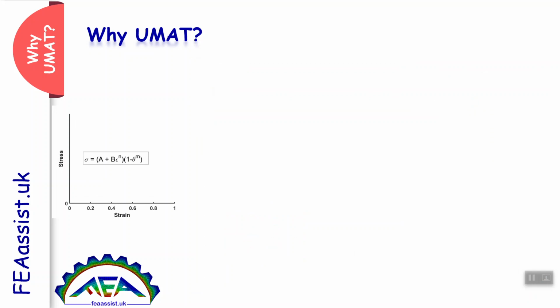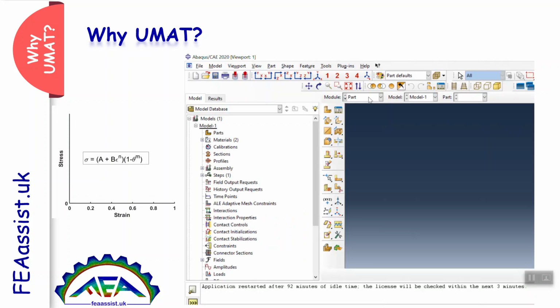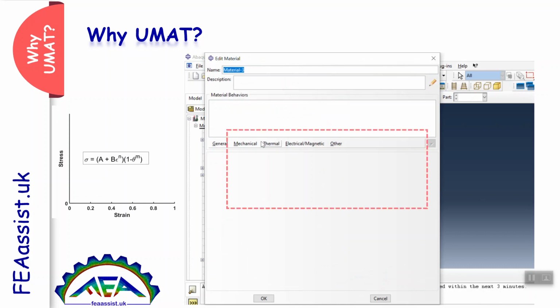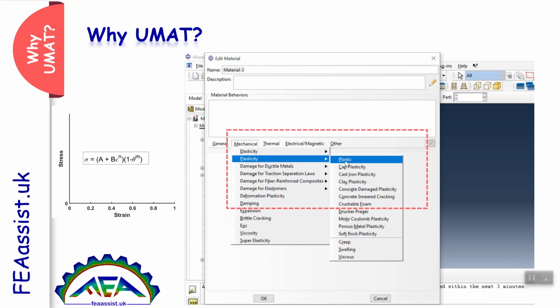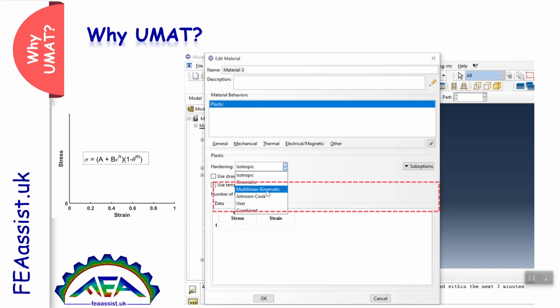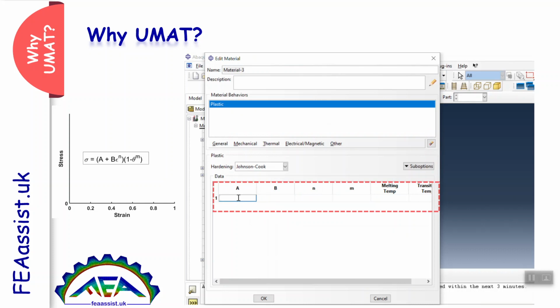Again, if you have the constitutive equation which is well known and included in Abaqus, you can go to Abaqus, again go to the property, define a material, and instead of entering the points, you can define the behavior and enter the parameters and constants of your model.